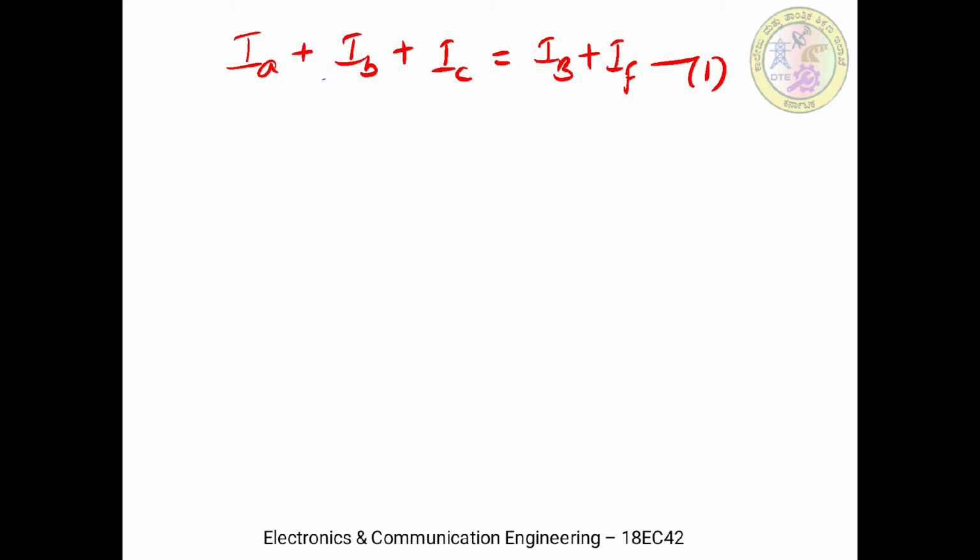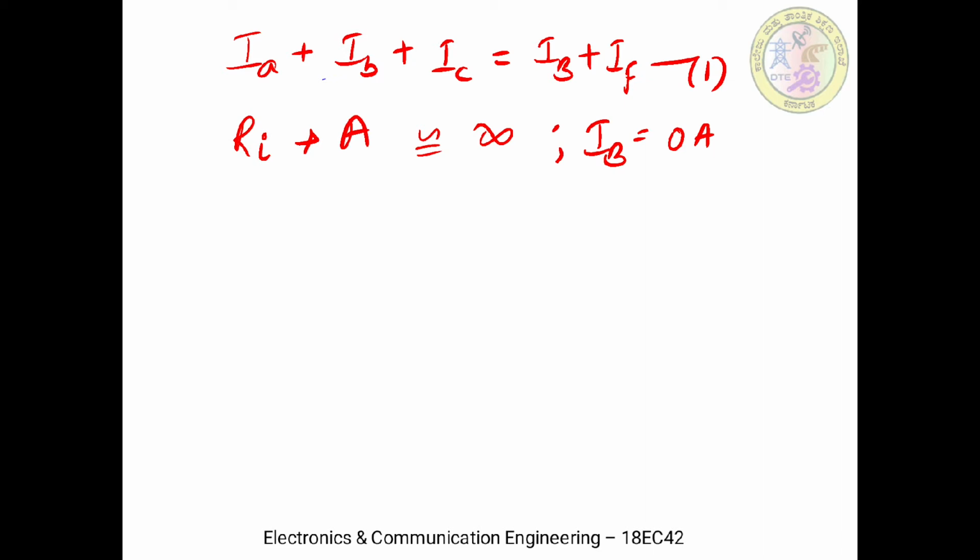We know that Ri, the input resistance, as well as A, the open loop gain of the op amp, are ideally infinity. So this condition makes IB equal to 0 amperes.